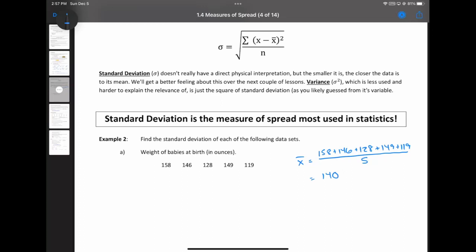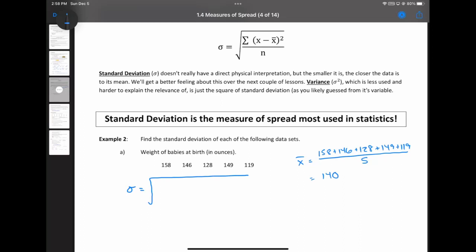Okay, so now if we want to calculate sigma, the standard deviation, we go through here and just say, how far is each of those data points away from our mean, and then square it. So I'm going to actually write it out this way. Now, this is where, again, it takes a long time to write it out. If I write out 158 minus 140 all squared plus 146 minus 140 all squared, so I'm going to just jump that step and say, for each of those 5 points, how far away are they from 140?